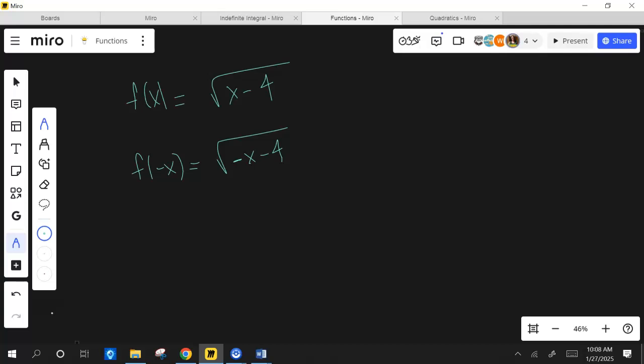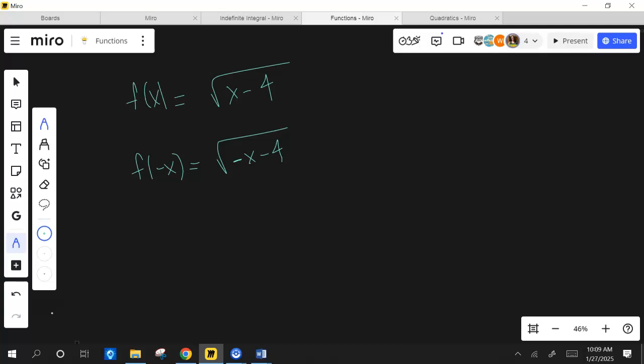Every time. If it looks exactly the same, then it's even. If every sign has changed, everything's opposite, then it's odd.